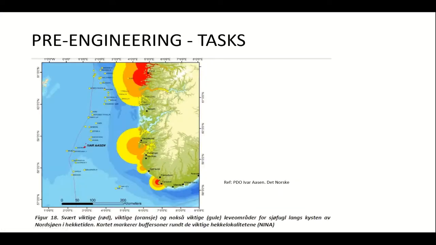Okay, these are some other charts from studies that are made. Here is the location of that field, and here you see the areas where some seabirds are breeding. So this is the location of the field with respect to those areas and how it might affect the bird life.